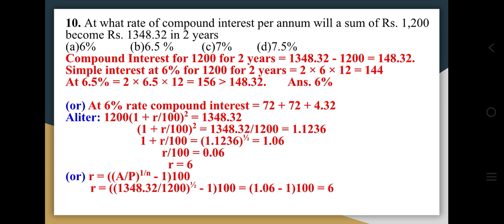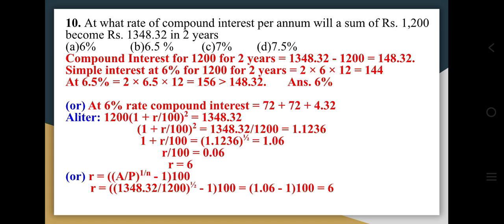So the square root of 1.1236 is 1.06. R by 100 is 1.06 minus 1, that is 0.06. So R is 0.06 into 100, which is 6. So this is the way to do the problem using the formula.